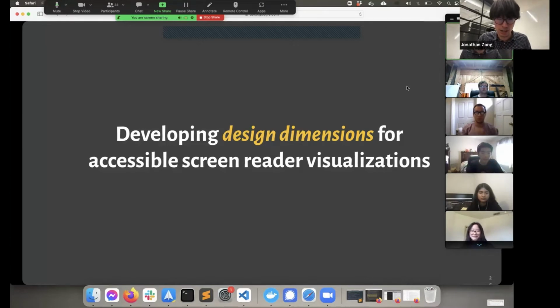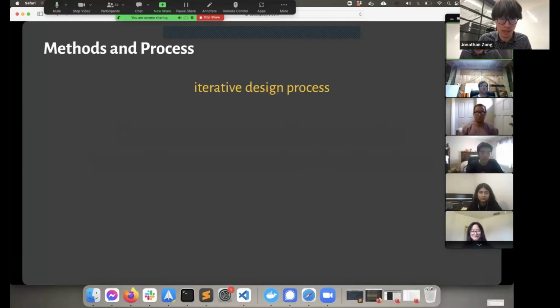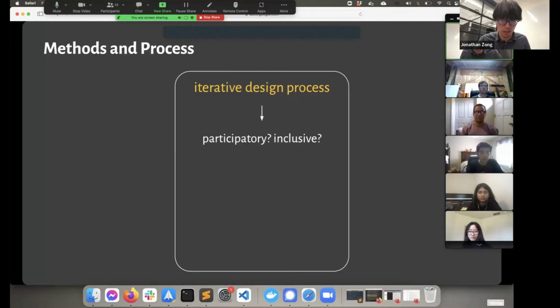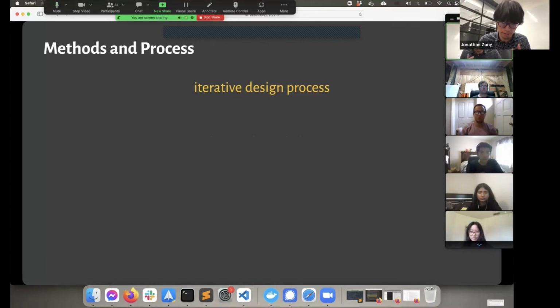In undertaking this project, we worked toward that goal using an iterative design process where we went back and forth on a lot of different prototypes and tried out a lot of different things.